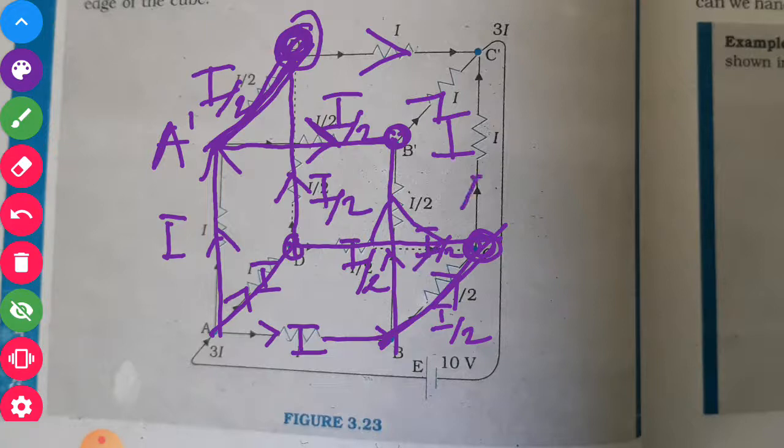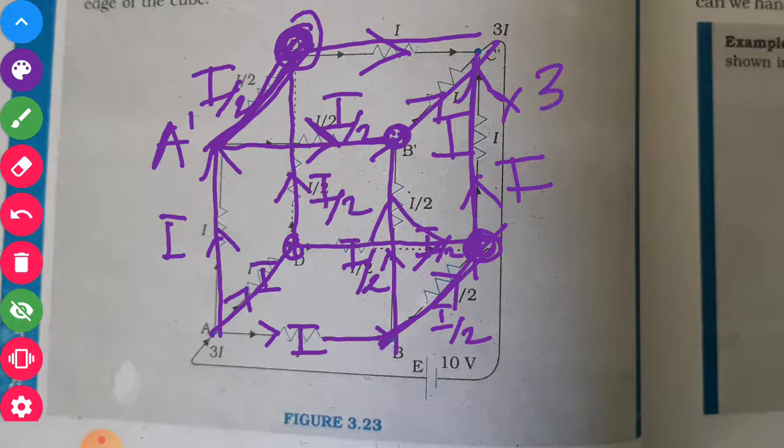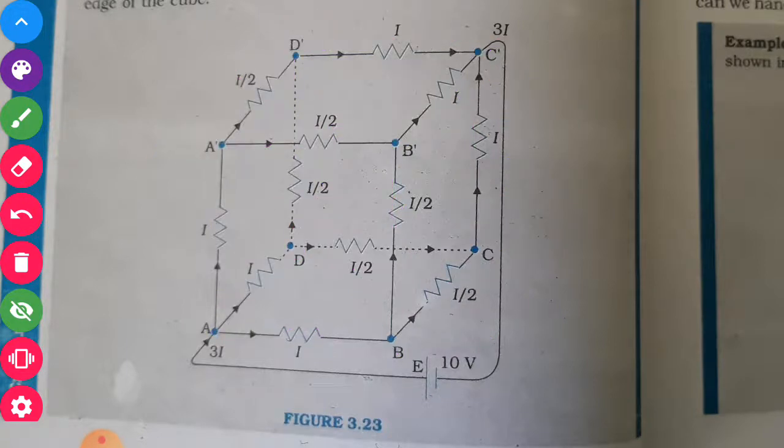Both I by 2 will make current I in this branch, that is C prime. C prime will become I. So I plus I plus I will become 3I. Finally you get 3I current out of this C prime point.